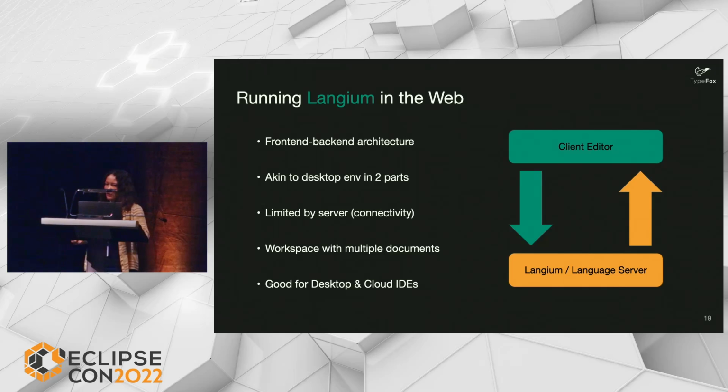Your client editor is the front-end, and the language server that is generated by Langium is on the back-end side. It's very similar to a desktop environment. It has two parts. But like some other property of this architecture, it's limited by the server. If the connection is lost, you don't have all the functionalities that you have.